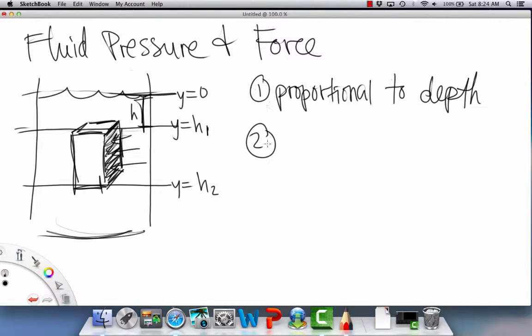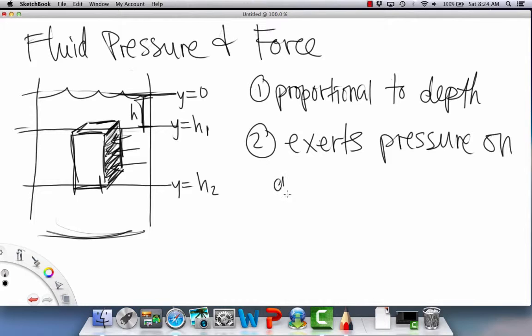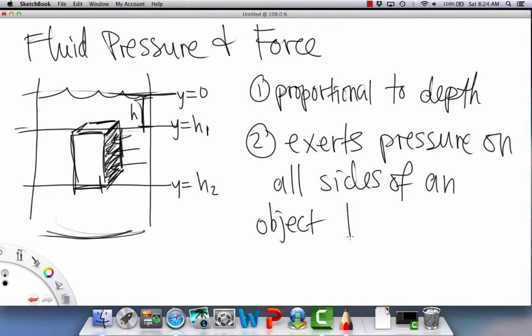And then number two, fluid pressure exerts a pressure on all sides of an object. And then this part's important, it is perpendicular to the surface.